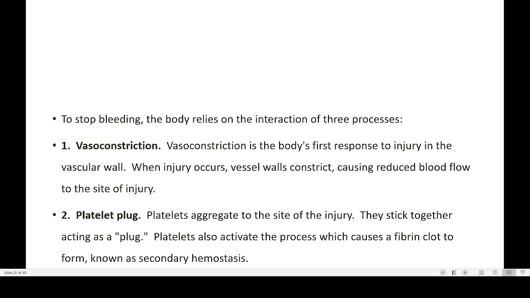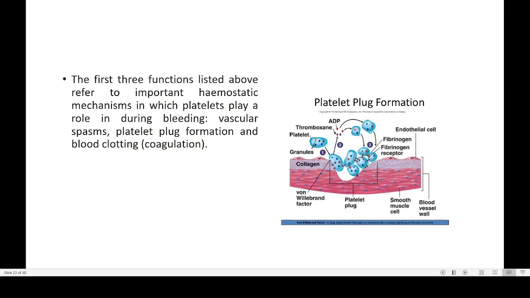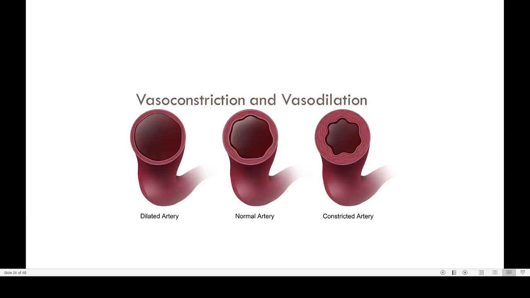So this is another mechanism. One is reducing the diameter of the blood vessel, so that less blood will come. Another mechanism is platelet plug formation, which I have shown you here. As a result, some amount of blood flow can also be prevented. But still, the more effective method is needed.